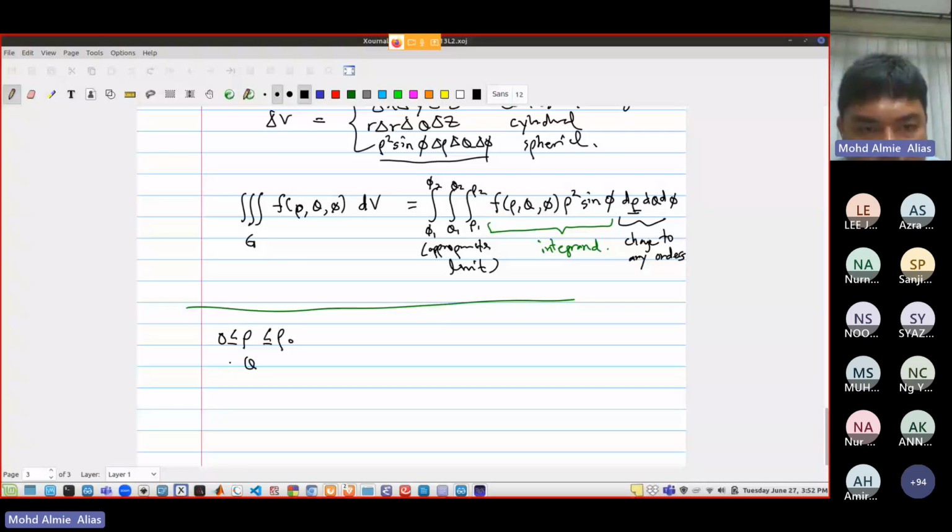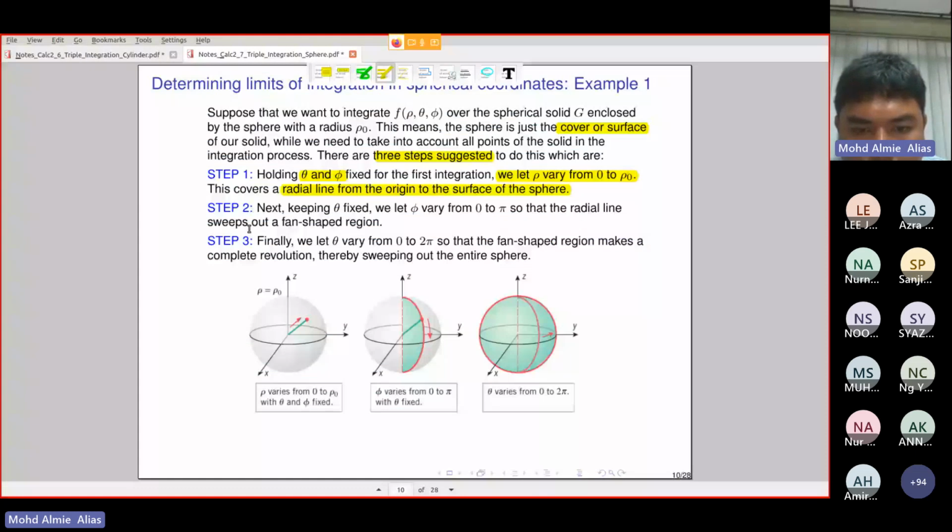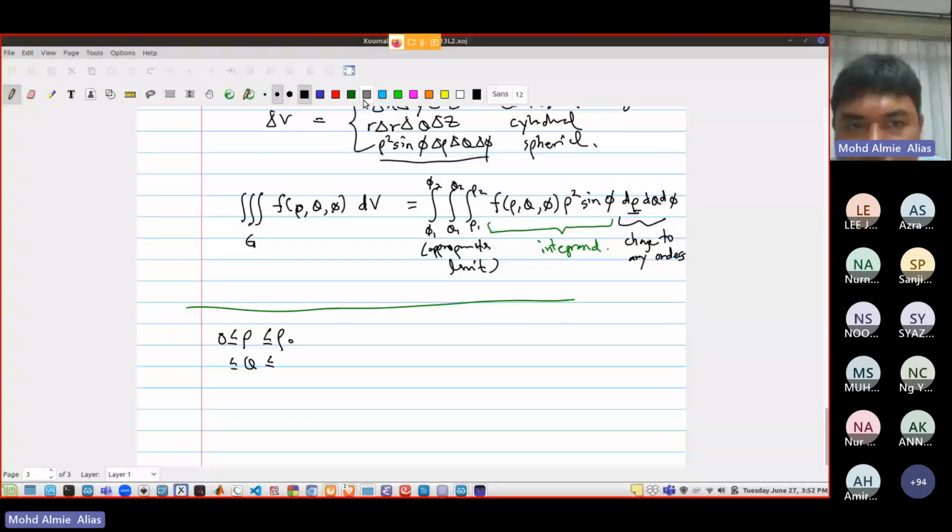So what we are going to do is, hang on, no, I think rather than doing this, because the example was taken from the book, I just follow their picture here. So rather than we do this, we change it slightly differently. Here we do d phi, d theta.